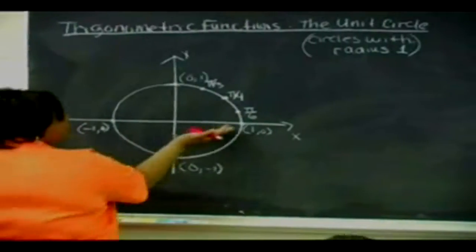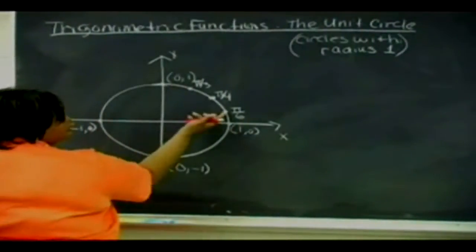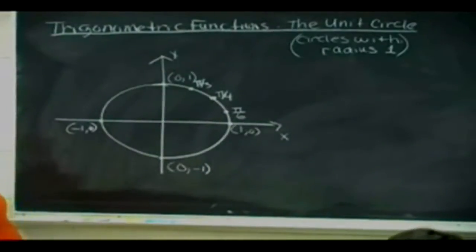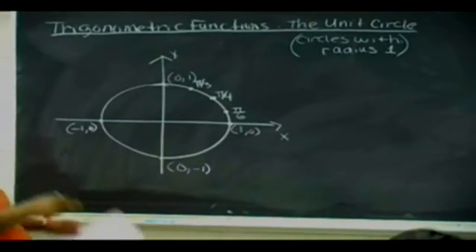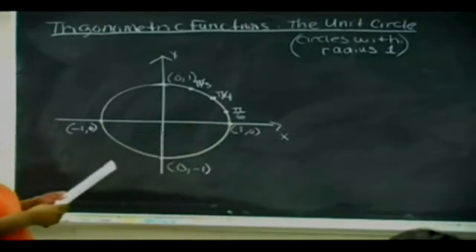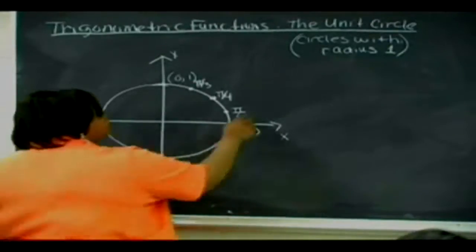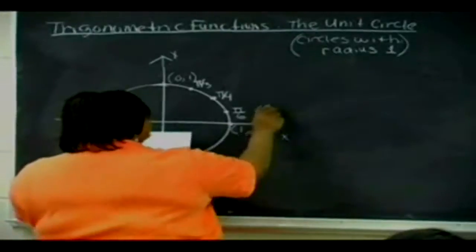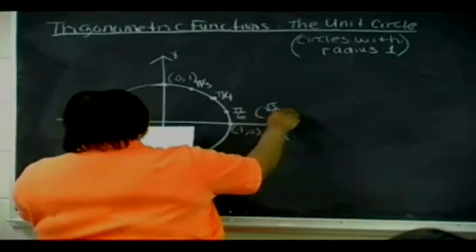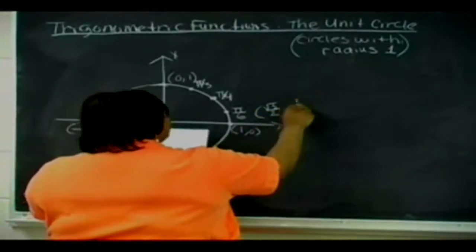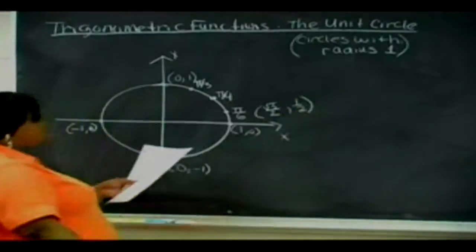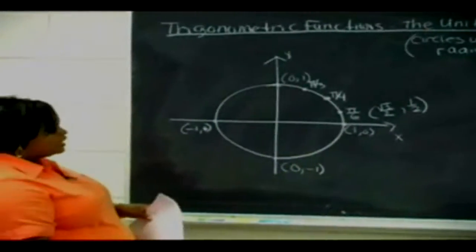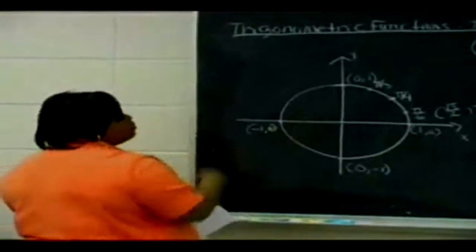You know, if we rotate this initial ray and have this line coming out, that'll be our terminal ray. These angles also have points associated with them. If you look at your unit circle, pi over 6 has a point, square root of 3 over 2, comma, 1/2 associated with it. Okay? It has that point. That's a point on the line.